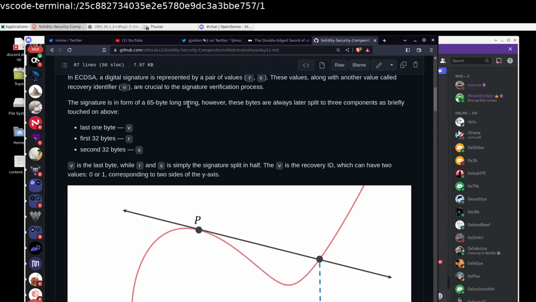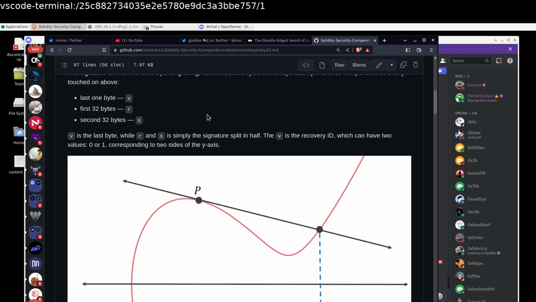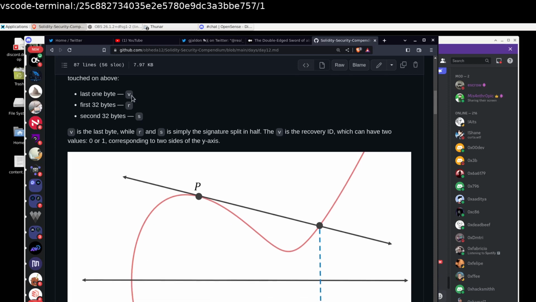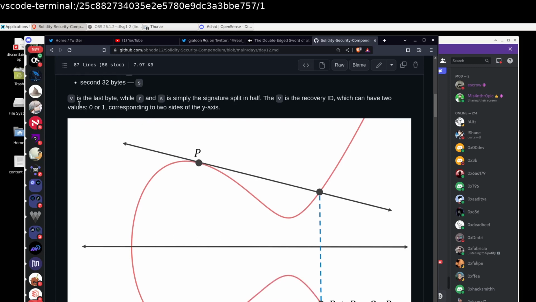However, these bytes are always later split into three components as briefly touched above: the first 32 bytes, the second 32 bytes, and the last byte, V. So V is the last byte, while R and S are simply the signature split in half.